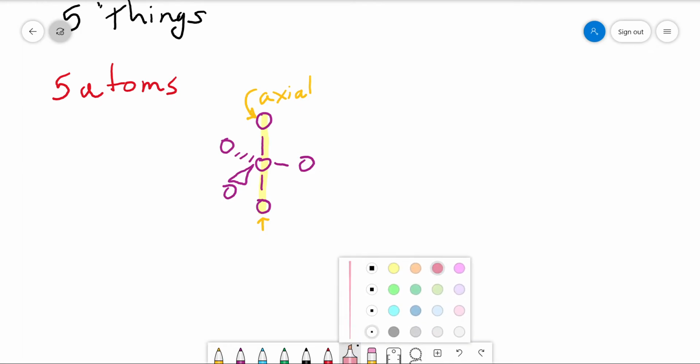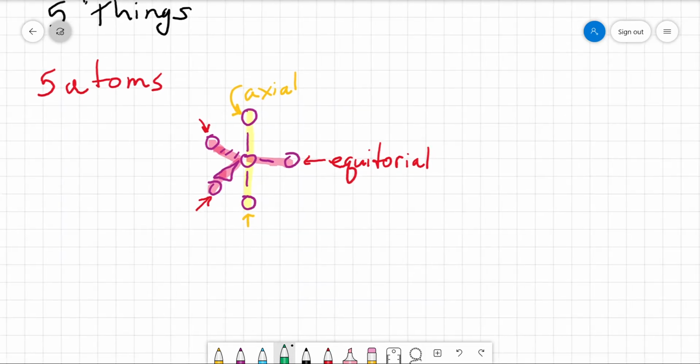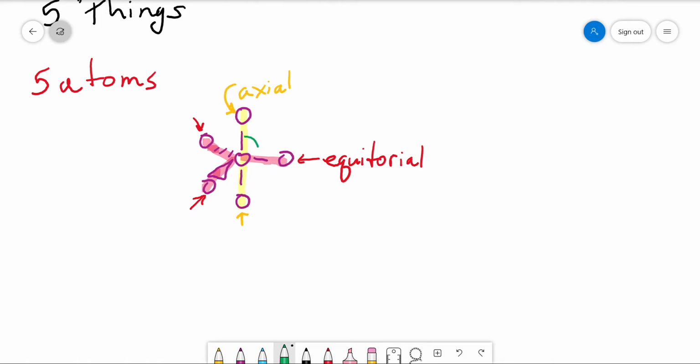And then I can highlight these other 3. Those, if you remember, are the equatorial positions. Okay, and the axial and equatorial are all 90 degrees from each other.